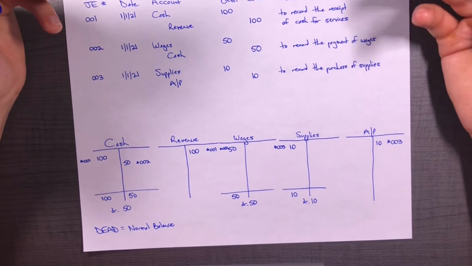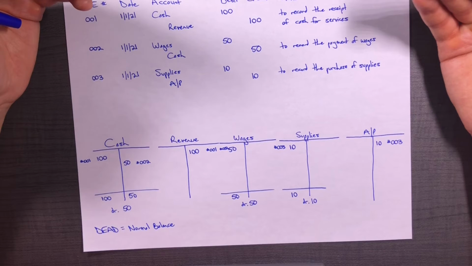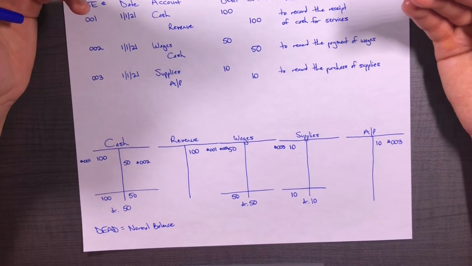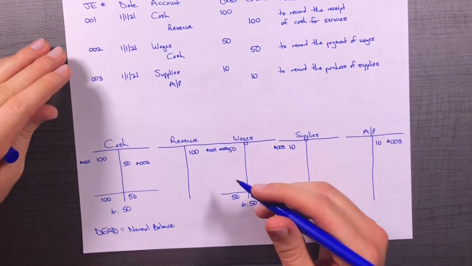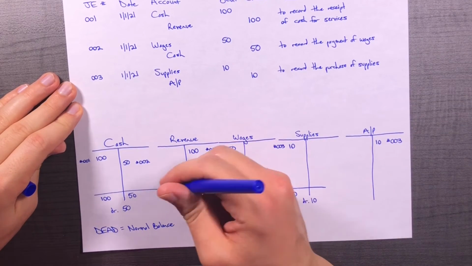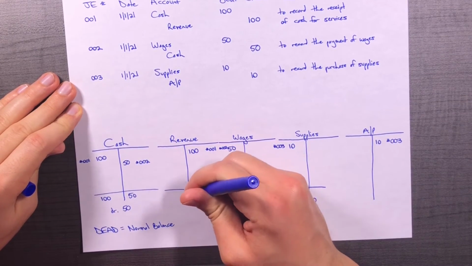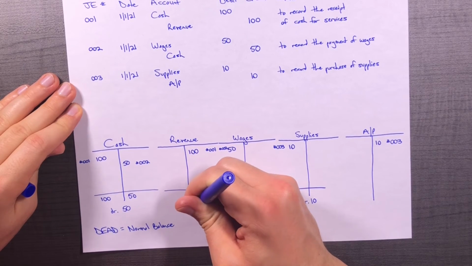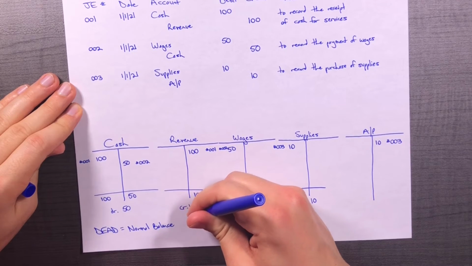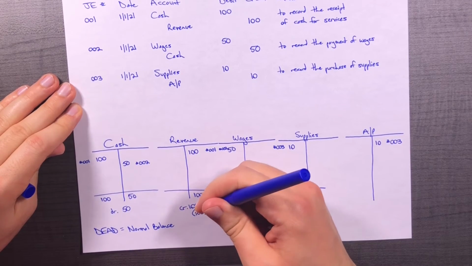In the same way expenses, assets, and dividends or draws have a normal debit balance, all other accounts have a normal credit balance. Let's look at revenue. Our revenue T account has an ending balance of $100 credit. Or another way of writing that is minus $100.